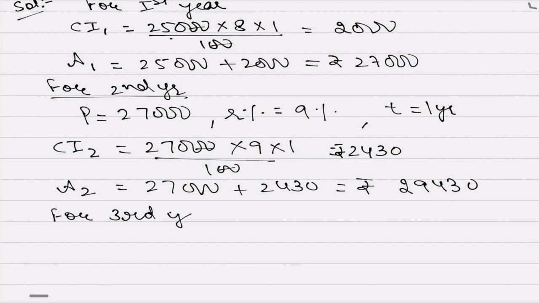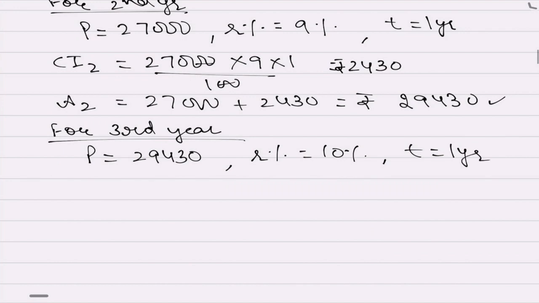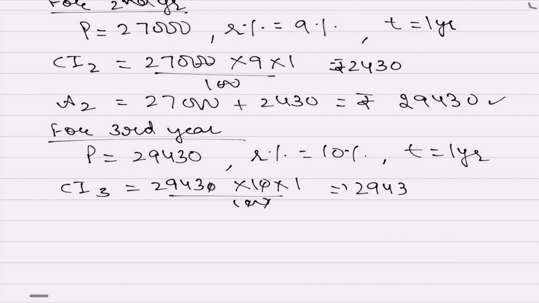Now similar same method for the third year. The amount of the second year will become the principal for the third year. Rate is 10%. Time period is again 1 year. So compound interest for the third year is P into R into T. We'll put the values, and this is 2,943 rupees.